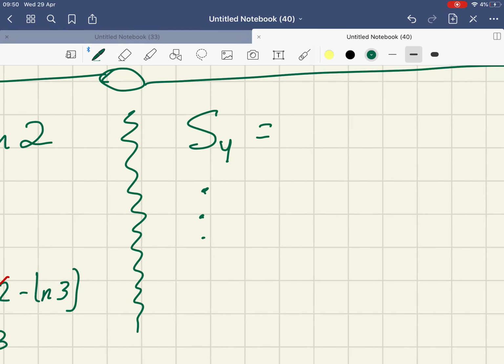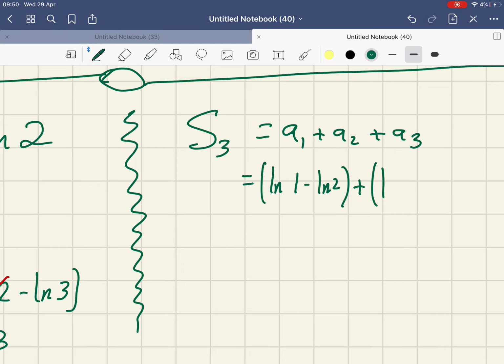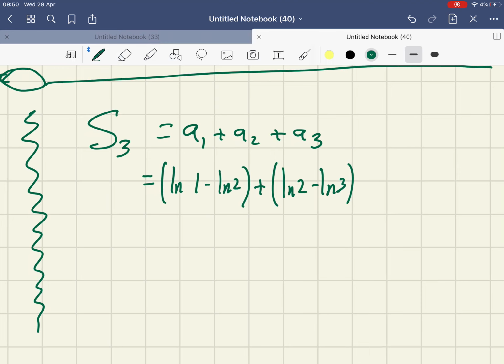Let me do S3 and check which one will survive. S3 is just A1 plus A2 plus A3. A1 is ln 1 minus ln 2. A2 is ln 2 minus ln 3. And A3 is ln 3 minus ln 4.